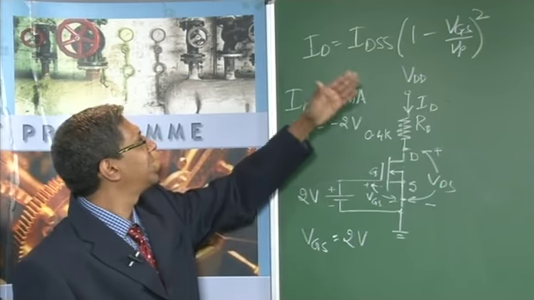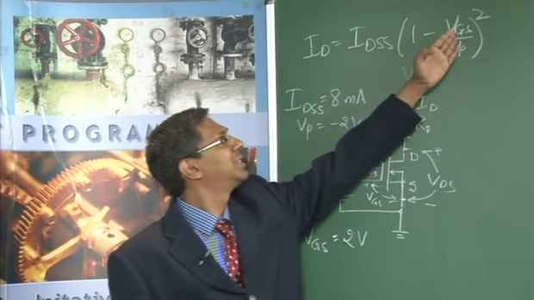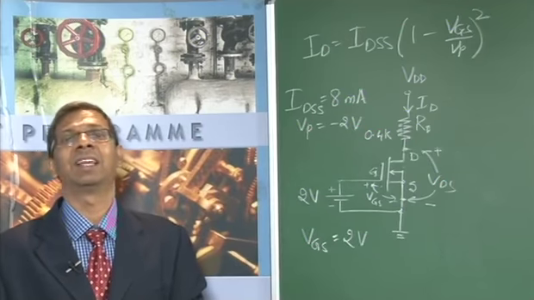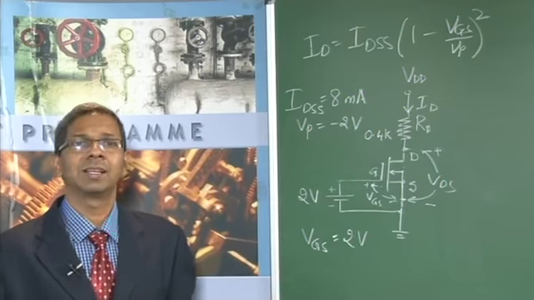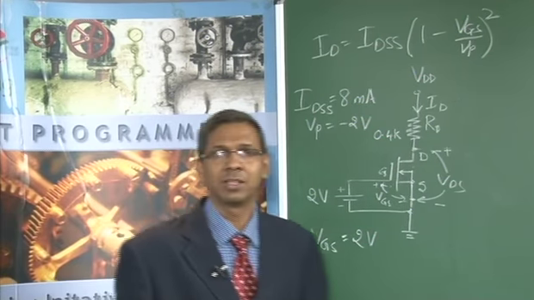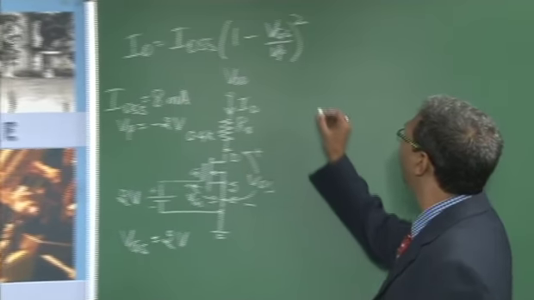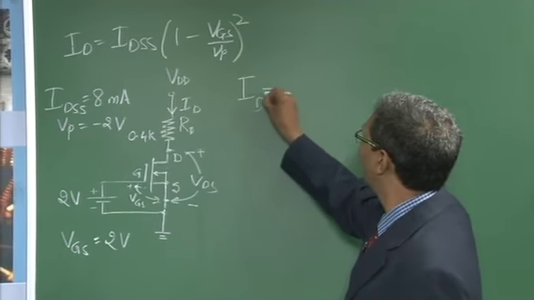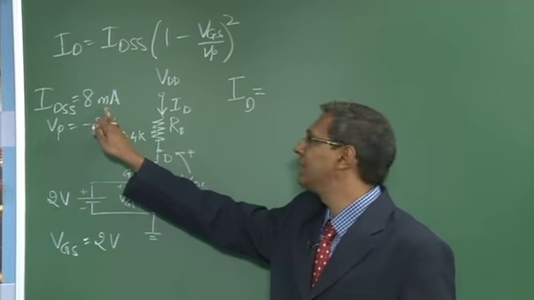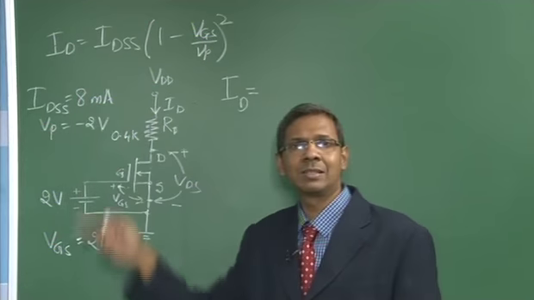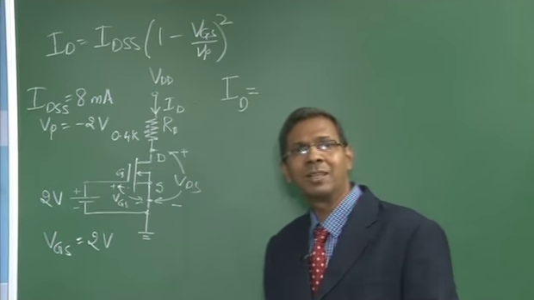When the data is given, IDSS is known, VGS is known, VP is known, so I can find the drain current ID. It is a simple case of substitution. ID would be IDSS, which is 8 milliampere. Do not forget the milli, as students often miss these multipliers.